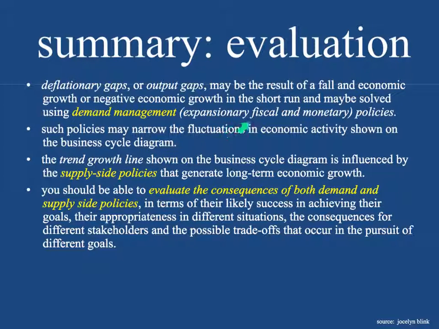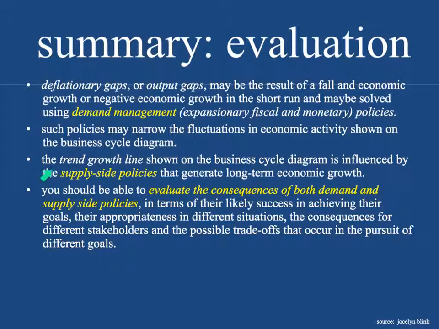Demand side can stimulate the economy and get it going back up. However, if you go too far, you're going to have inflationary pressure, and governments don't want that. So using the monetary and fiscal policies in the government's toolbox is the way they can manage that.